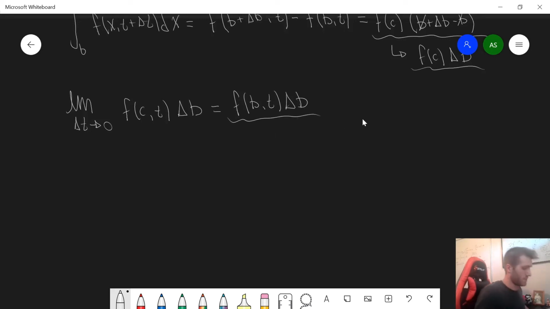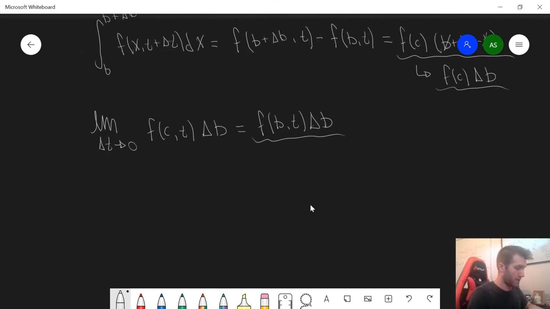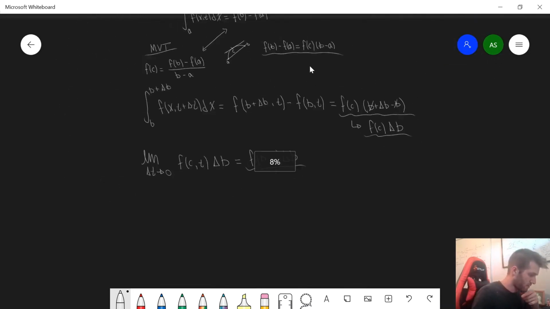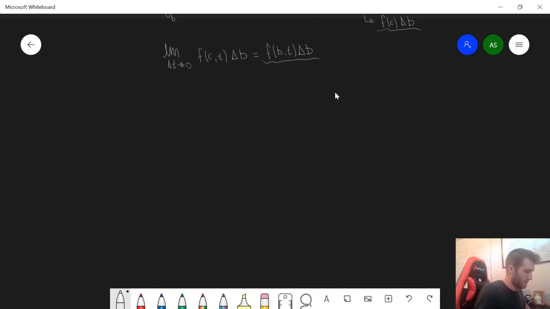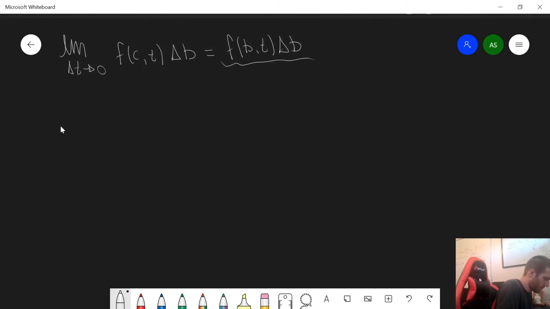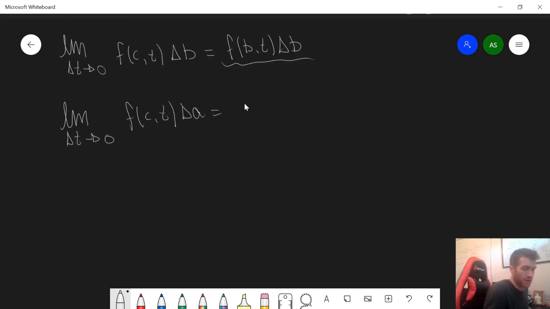Okay, so now we don't have to go through that whole process for this term here. For this one, we know that if we just take the limit as delta t approaches 0 of our f of c, comma t, times delta a, that is, of course, going to be equal to our function evaluated at a, comma t, times delta a.